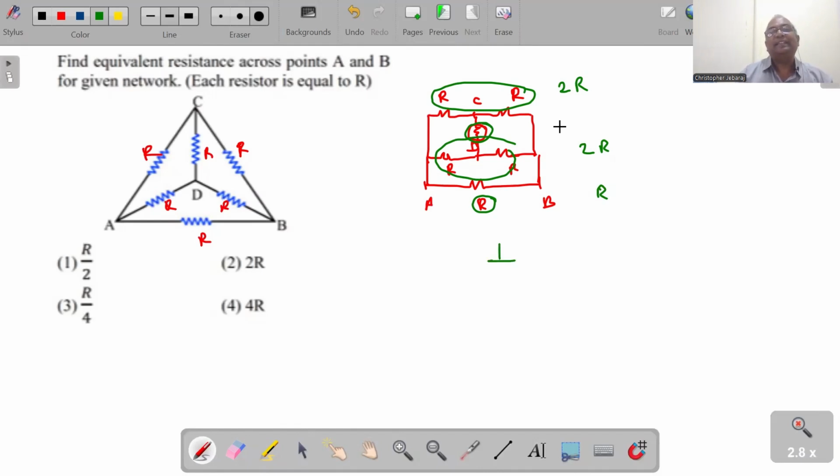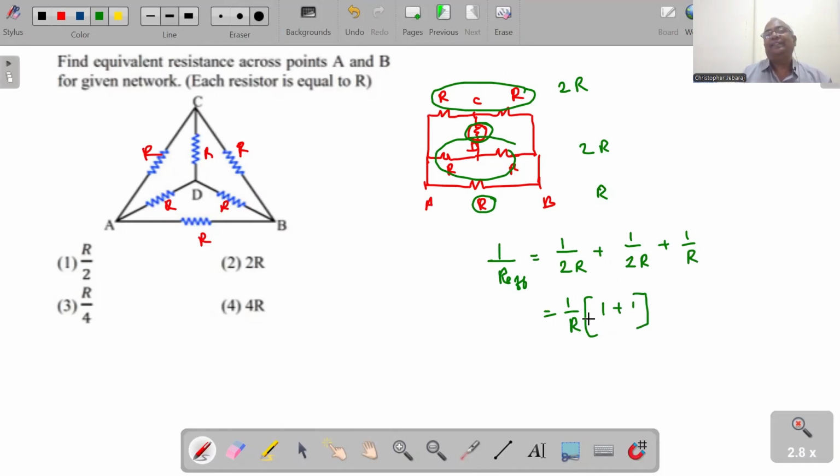So the effective resistance R effective, which is what we wanted to calculate, is given by 1 by R effective equals 1 by R1 plus 1 by R2 plus 1 by R3, that is 1 by 2R plus 1 by 2R plus 1 by R. We can take 1 by R as constant. So 1 by 2 plus 1 by 2 is 1, plus 1.